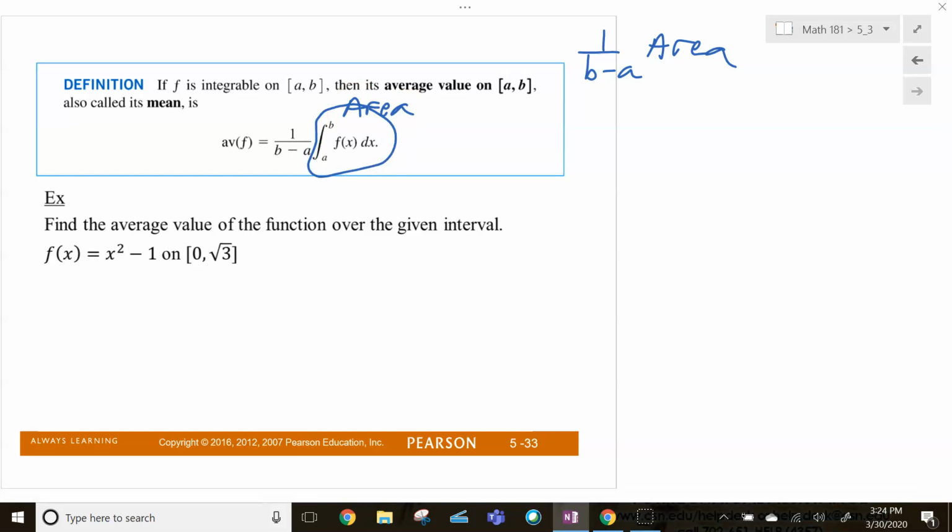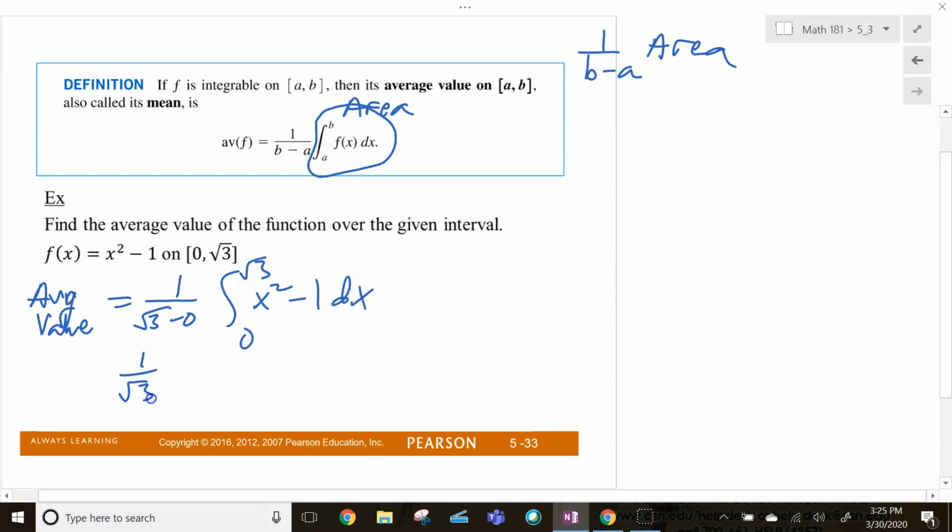So now the average value of the function is 1 over B minus A of the integral from 0 to √3 of the function. And now we can do this. Now let's run the integral over here.